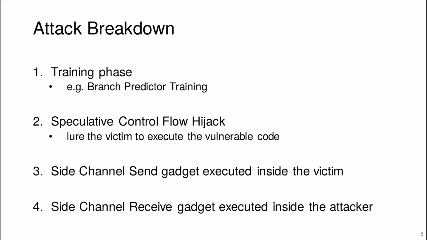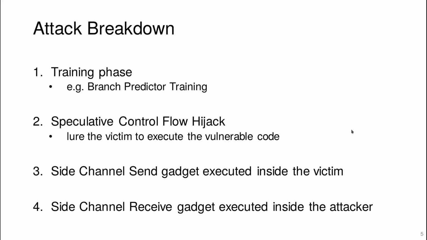There's a first phase during which the attacker trains the victim. The training has the purpose of maximizing the success rate and ensuring that the victim leaks interesting data, so secrets and the like. In the second phase, the attacker causes the control flow of the victim to be hijacked speculatively to an interesting location, where something interesting for the attacker must take place.